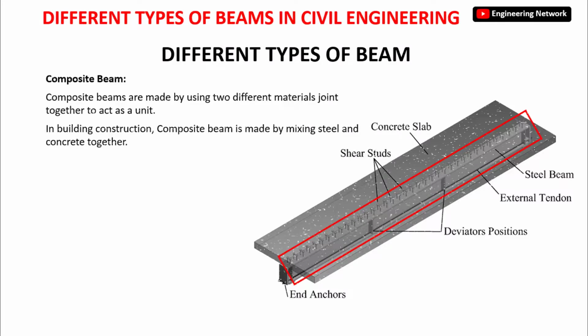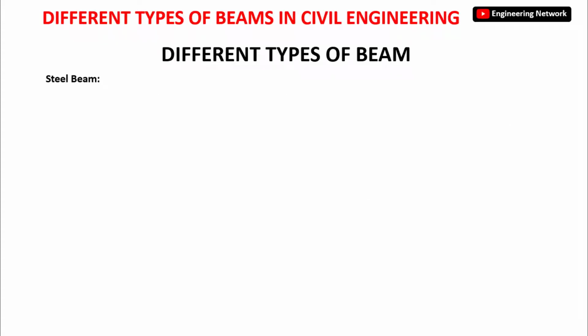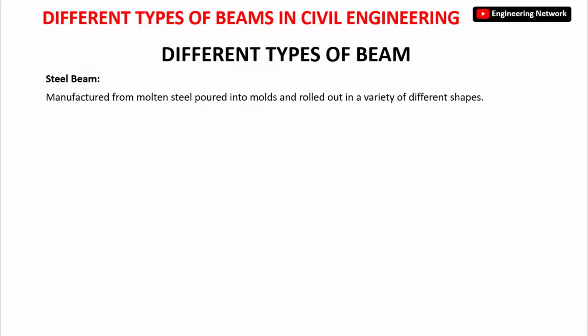Third type of beam is steel beam. Steel beams are manufactured from molten steel, poured into molds and rolled out in a variety of different shapes. Okay? These steel beams are strong, durable and high strength material compared to other construction materials, right?